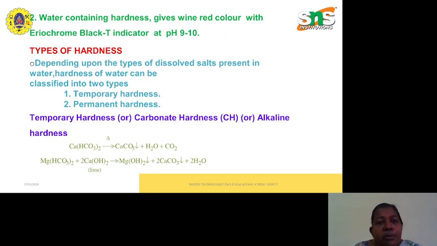Okay. Next, types of hardness. Depending upon the types of dissolved salts present in the water, hardness of water can be classified into two categories. One is temporary hardness, another one is permanent hardness. Temporary hardness is otherwise known as carbonate hardness or alkaline hardness.